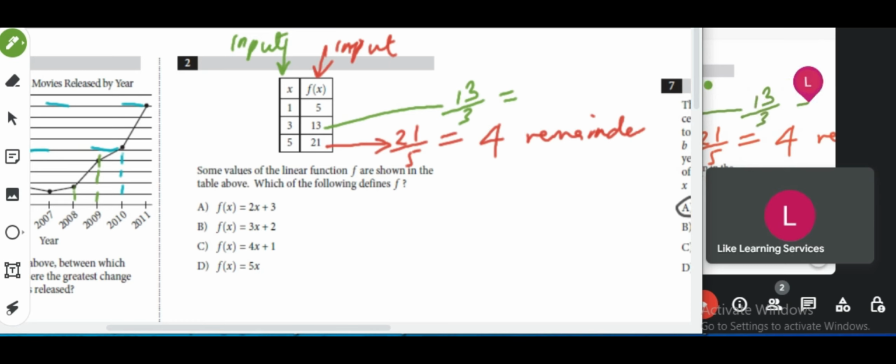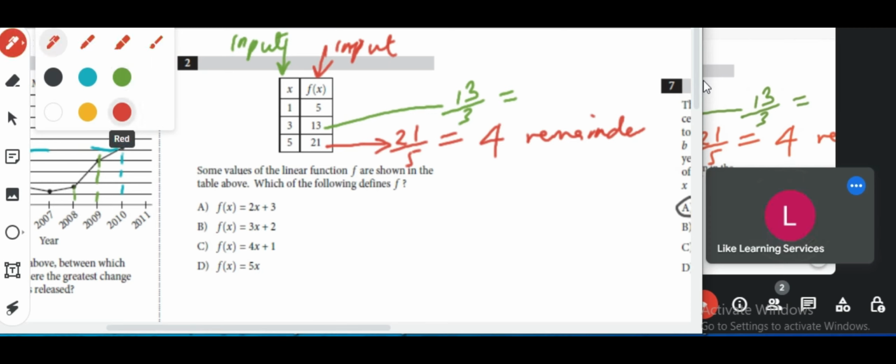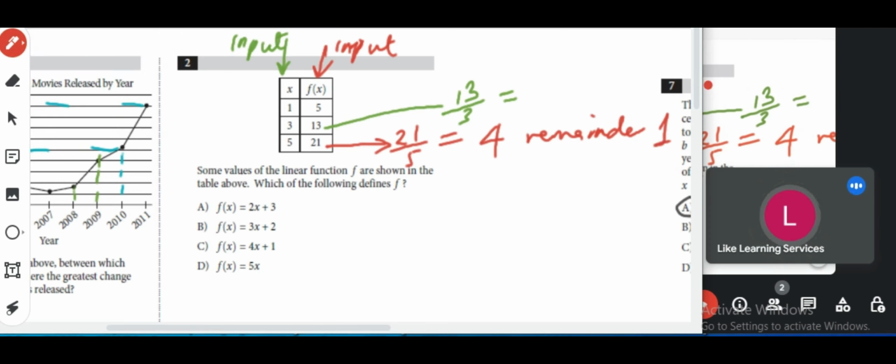Wouldn't it be 1? Of course, 1 will remain. Remainder 1. And I want to use it to show you something.